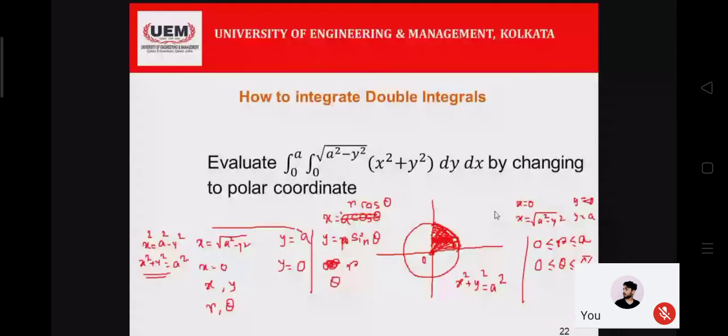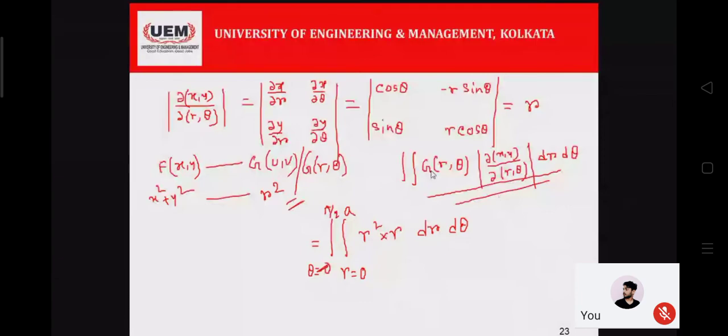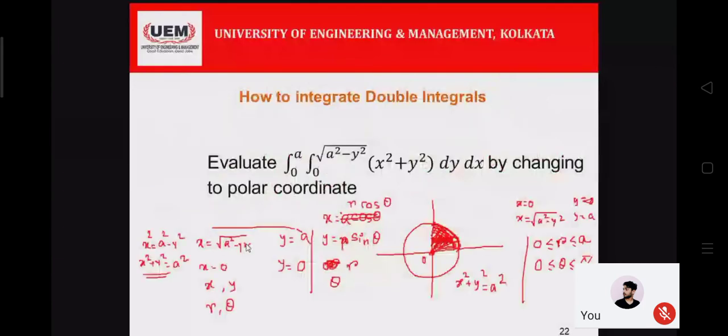Your integration is now g of the new variables r theta, times the Jacobian with the old variables on the top and new variables below, and the new variables dr d theta. Now what is g(r, theta)? Your f(x,y) was x square plus y square, and you used the transformation x equals r cos theta, y equals r sin theta.